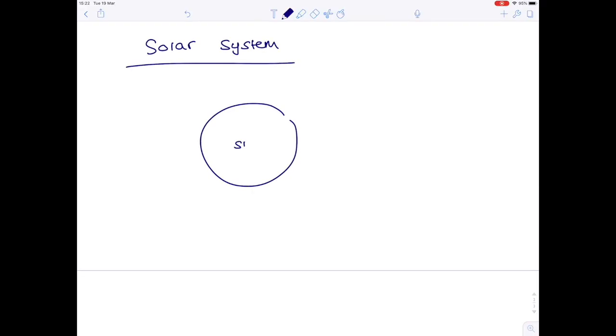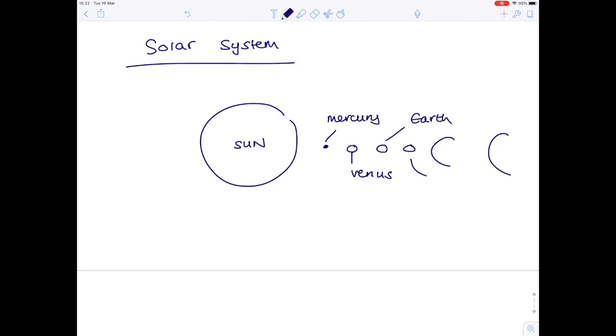Next up, let's consider our historical models of the solar system. In today's modern day world, we understand that we have a sun that forms the middle of our solar system, and then orbiting the sun is a collection of planets, which I'm not really going to be able to draw, but we know the planet closest to the sun is Mercury, followed by Venus, Earth, Mars.